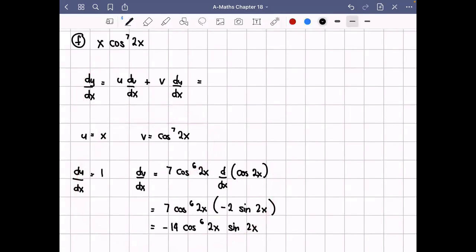Let's substitute them now. So u is x, right? I have x here. And then the derivative of v is this one.